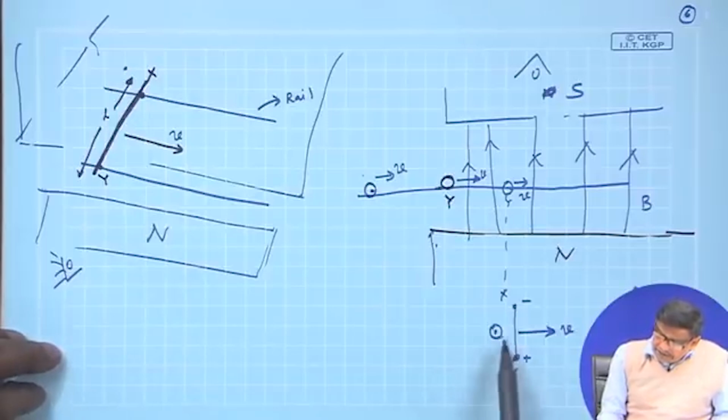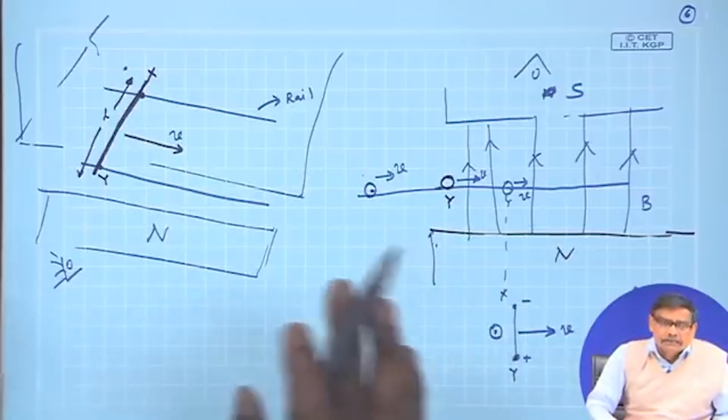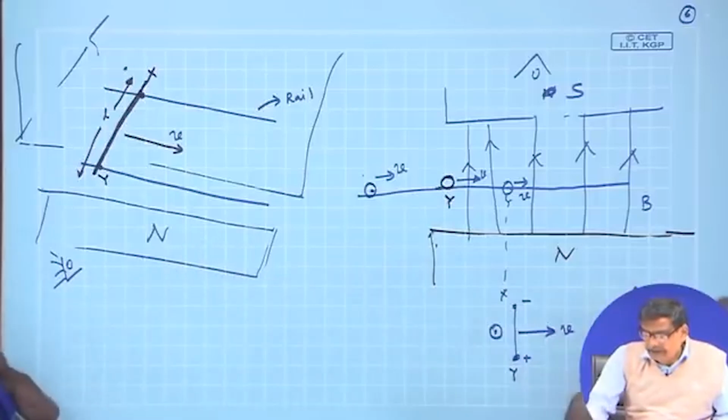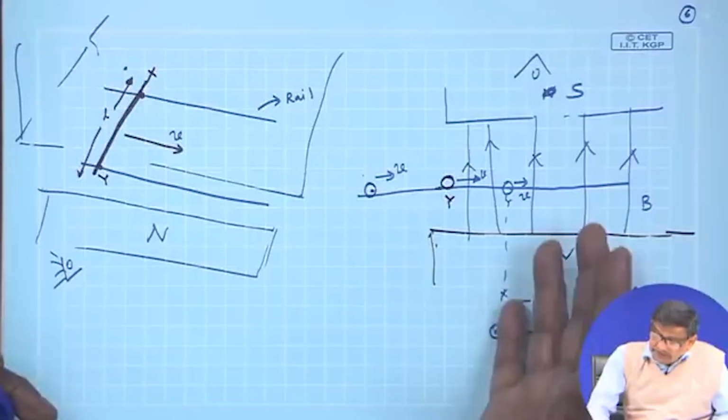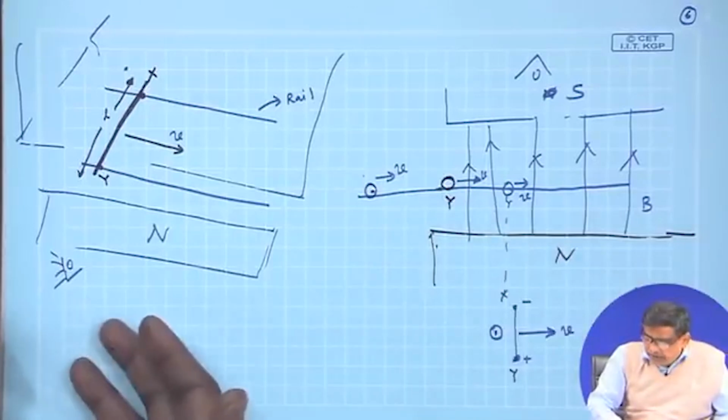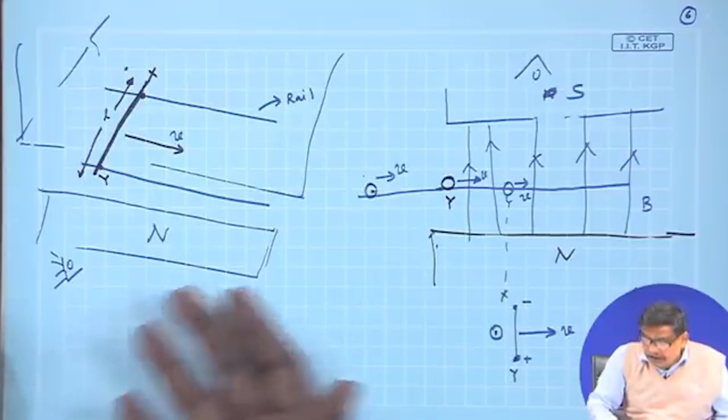Therefore, a generator like this does not violate any laws of physics, because the work done by this conductor now is 0 and you do not require any work to be done either.